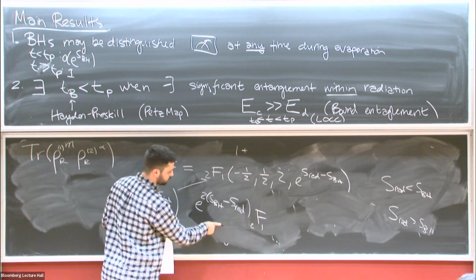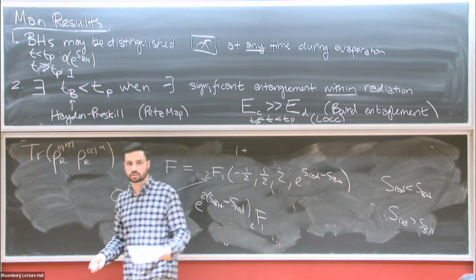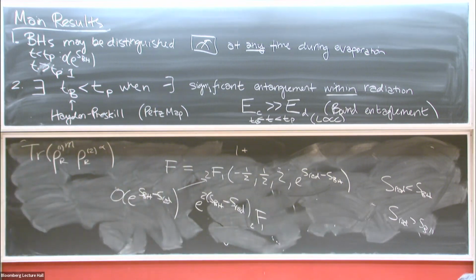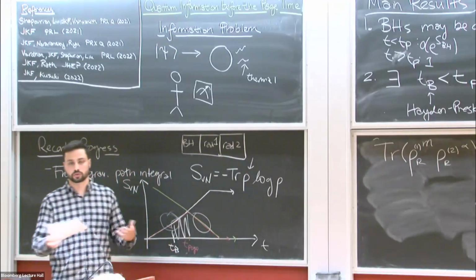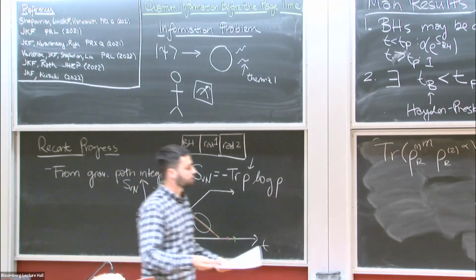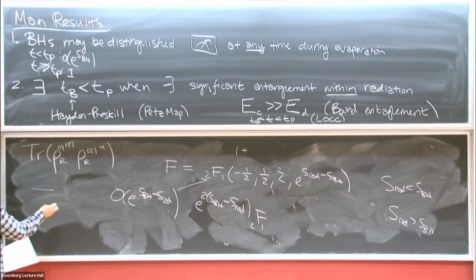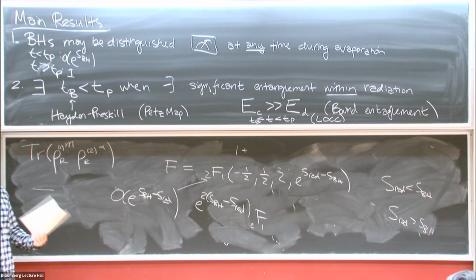Yeah, and okay, so in here, because this is already very small, we only need a single measurement. But that second part after the Page time is already known just from these Page curve computations. In those computations, this island forms within the black hole, so there's some region inside of the black hole that can be almost perfectly reconstructed.